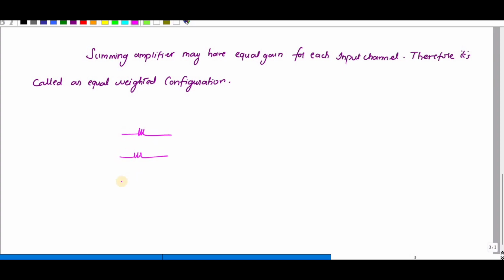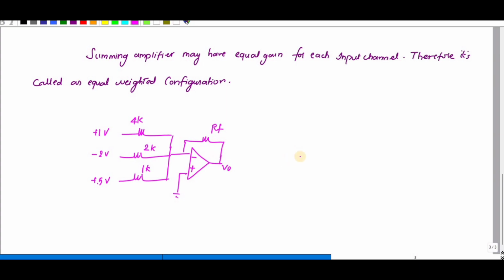I have connected three resistors whose values are 4K, 2K and 1K, and DC voltages of 1 volt, minus 2 volt and plus 0.5 volt are connected to an inverting amplifier. We are asked to find the value of V0.